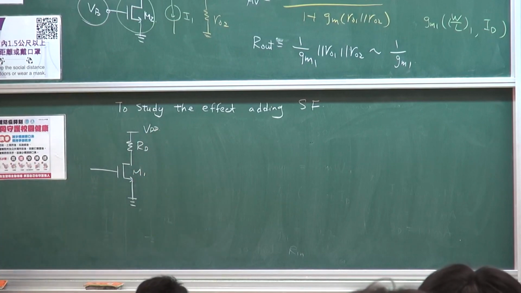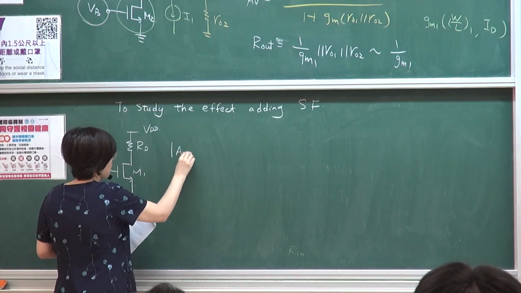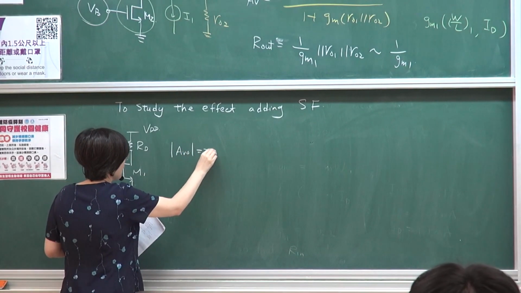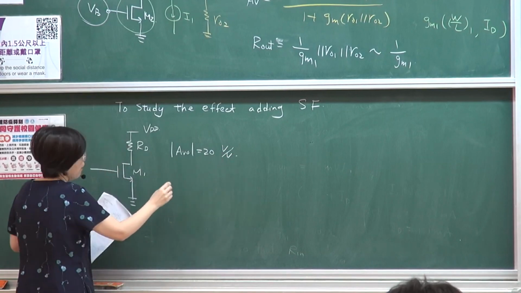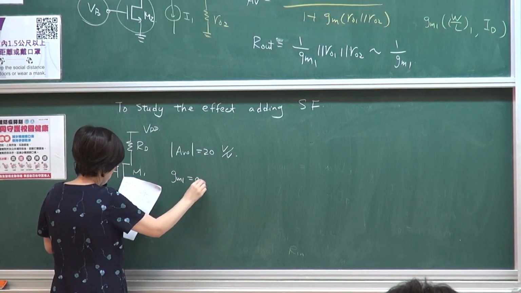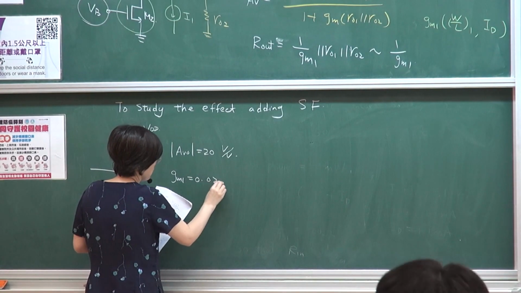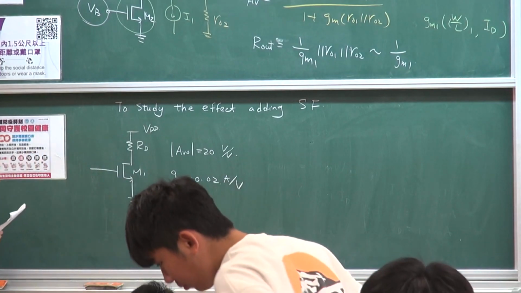Okay, so this is the common source stage with a voltage gain, using the same example, of 20. And then I know my GM1 is 0.02. This is designed with a GM1 of 0.02.